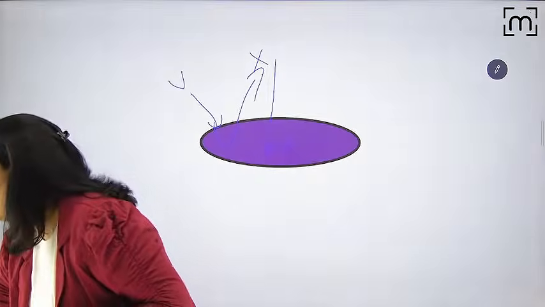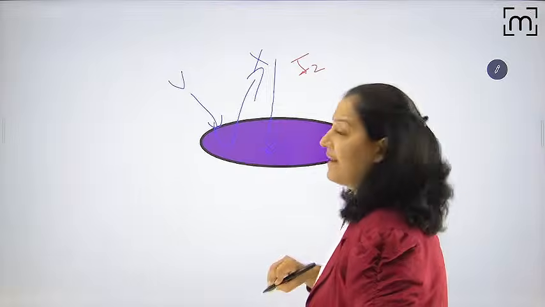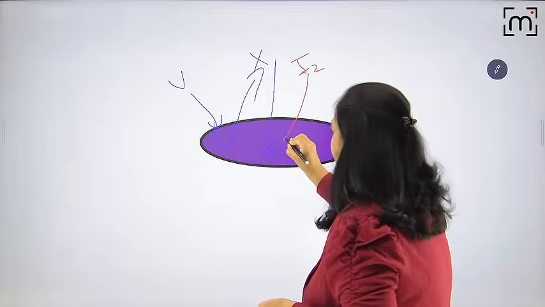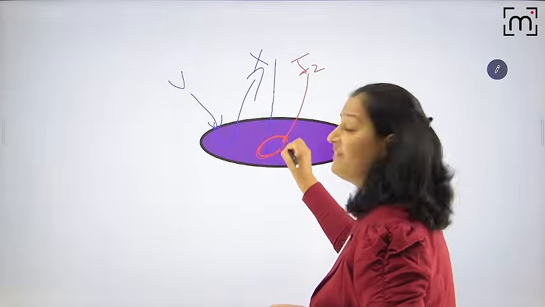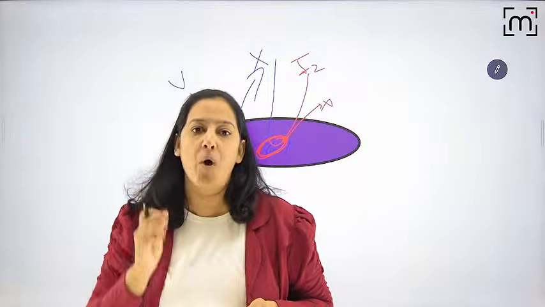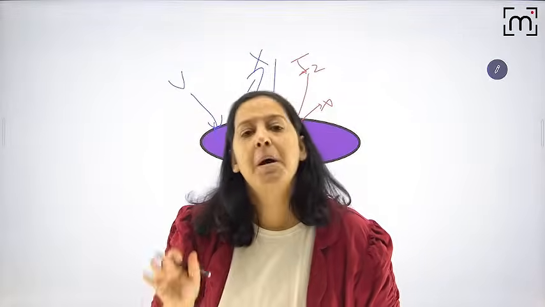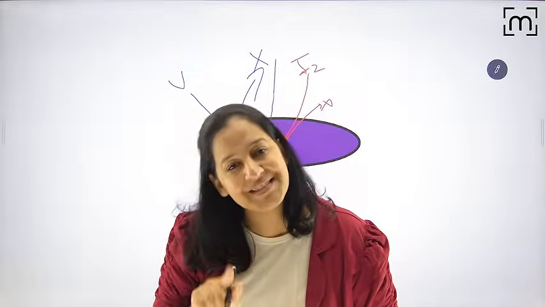So what will I do? I will use a mordant which is iodine. Iodine will go inside and make a complex with the stain, so the stain does not leak out. So the definition of mordant is something that fixes the primary stain. What is mordant? Mordant is something that fixes the primary stain.